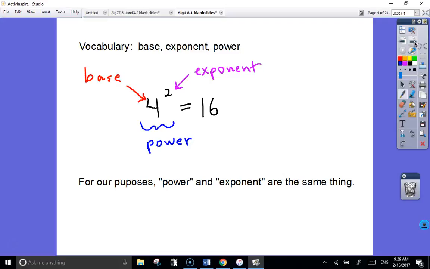If you said, what's the power of 4, and you said 2, that's okay. I think the textbook tries to make the distinction that that's not exactly the power, that's the exponent. The whole thing is the power. I wouldn't worry about that, but power, exponent, base, it's pretty important to understand that the base is the number being raised to a power.